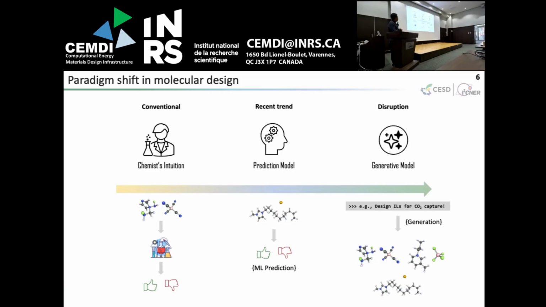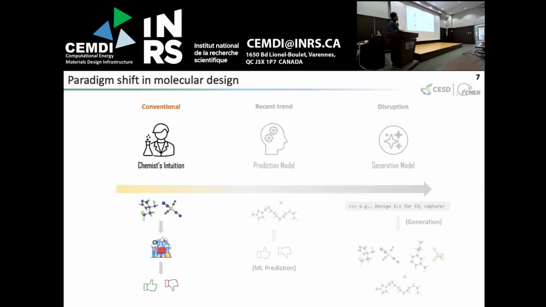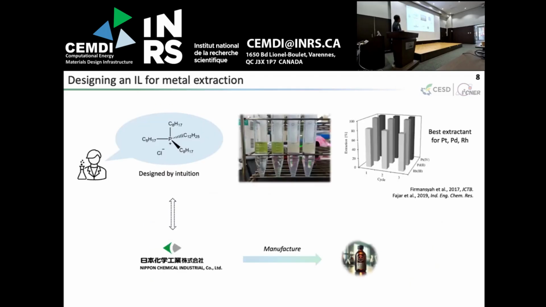I believe this storyline is also the global trend, but it is also my personal journey, because I was originally trained as an experimental chemist, but now I'm part of the data science community as well. So let's see the story from the first one.